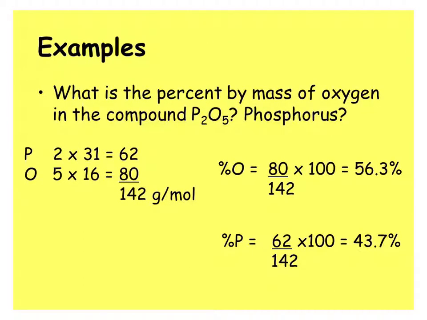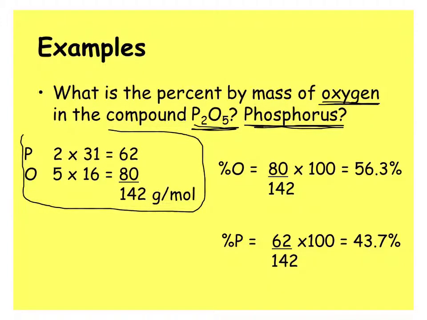Okay, here's our first example. What it's asking for: what is the percentage of mass of oxygen in the compound P2O5? And then we're going to also look for the percentage of phosphorus, right? So our first task is to get the total mass of P2O5, the molar mass of P2O5, and we've done that right here, right?